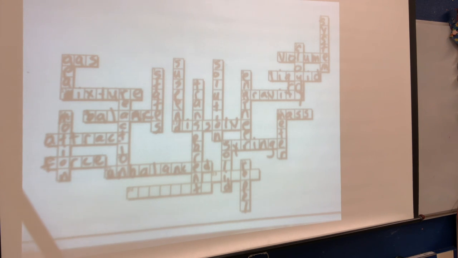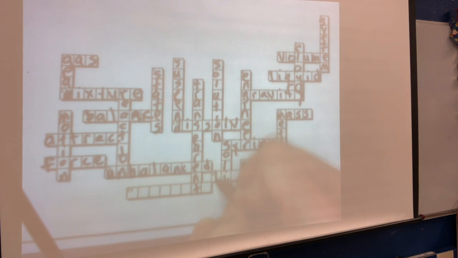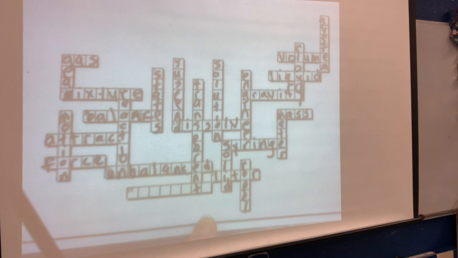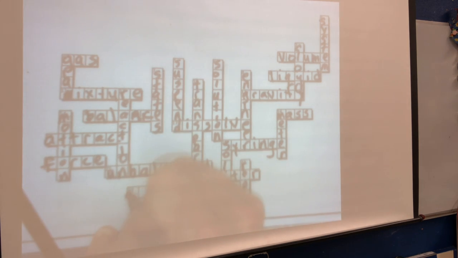The standard metric unit for volume. Where is number 23? Right over here. It is a liter. And the last one, number 24, an attribute of an object, such as size, shape, or texture. It is the properties.